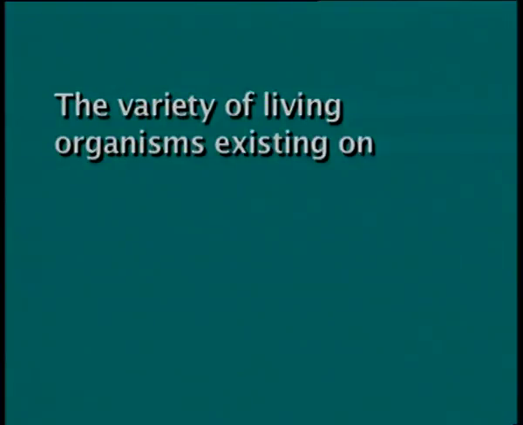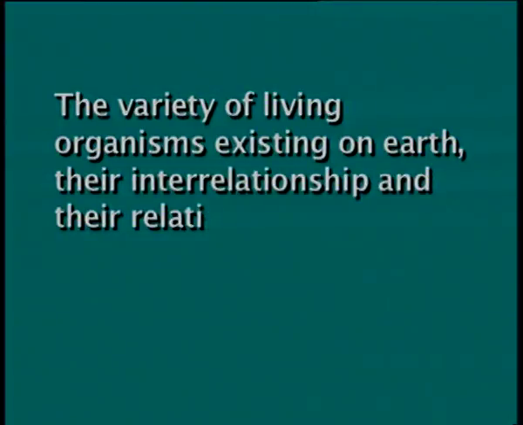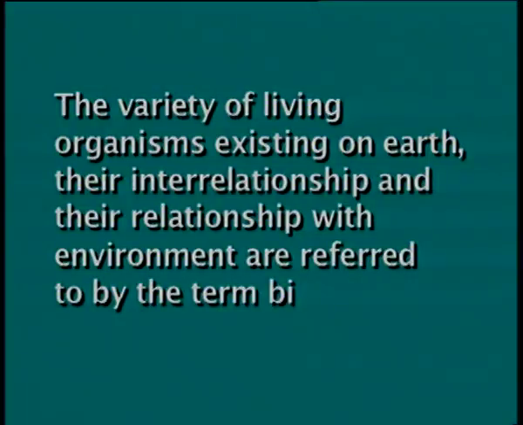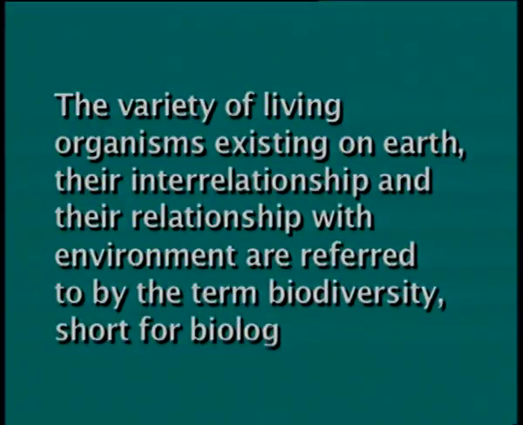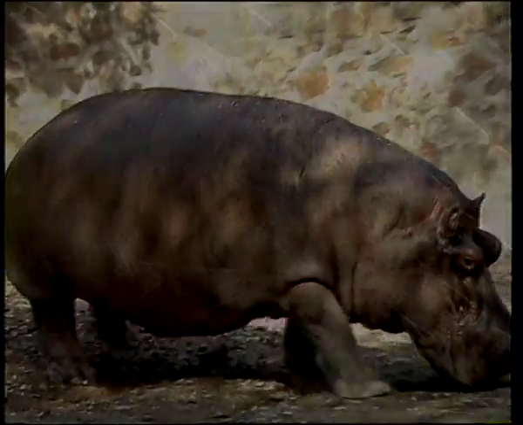The variety of living organisms existing on Earth, their interrelationships and their relationship with environment are referred to by the term biodiversity, short for biological diversity. Our planet is home to a wide variety of living organisms, each one valuable in its own way and holding benefits for humanity.